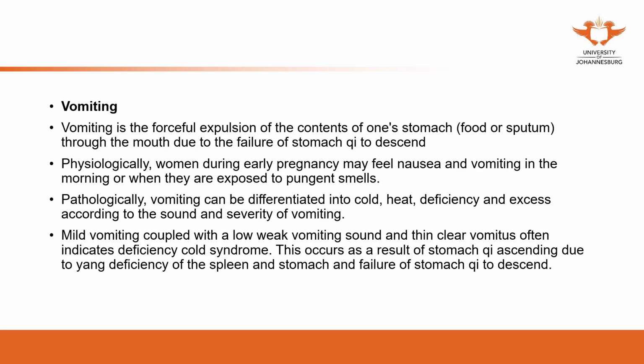So until now, we have discussed many clinical symptoms. And most of the symptoms we will differentiate into cold, heat, or deficiency. That's how, from the symptoms such as here, thin and clear can indicate the cold and deficiency. The low, weak sound can indicate the deficiency.